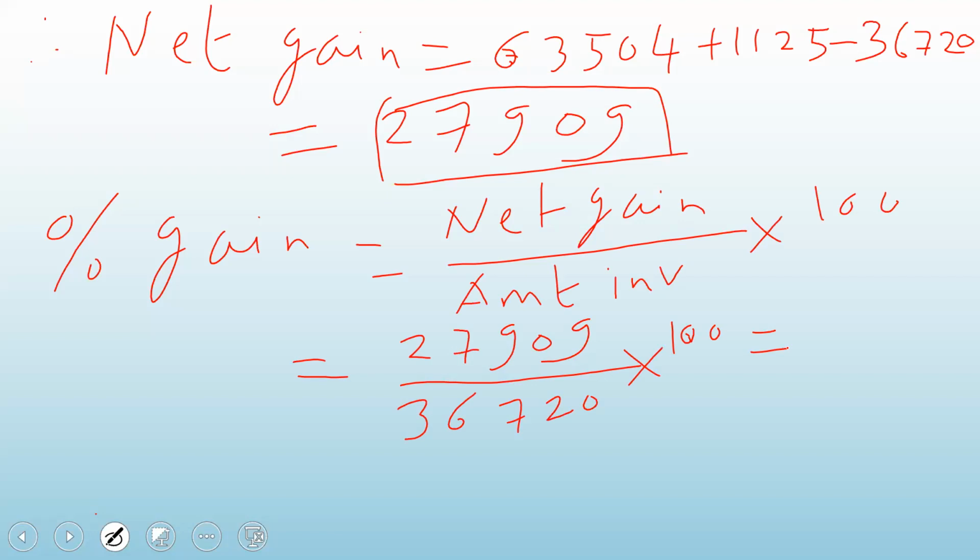Calculate this, how much will you get? So 27,909 is the net gain divided by 36,720, the amount invested, and multiplied by 100. So you get 76.02. So 76%.